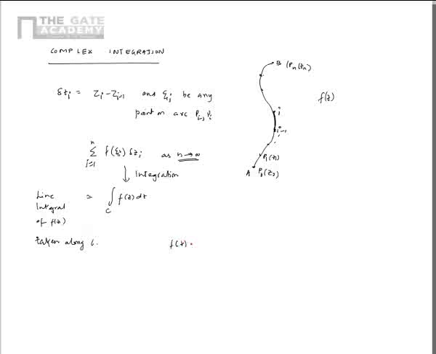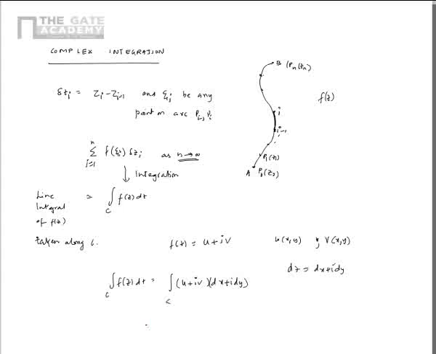So f of z can also be written as u plus iv, where u is a function of x, y and v is a function of x, y. Noting that dz is dx plus i dy, I can write the integral of f of z dz as the integral of (u plus iv)(dx plus i dy).